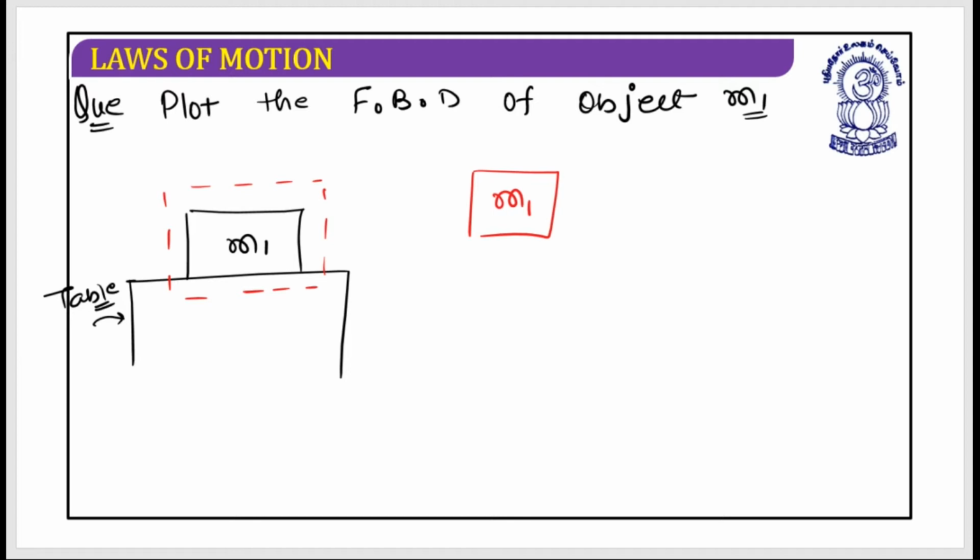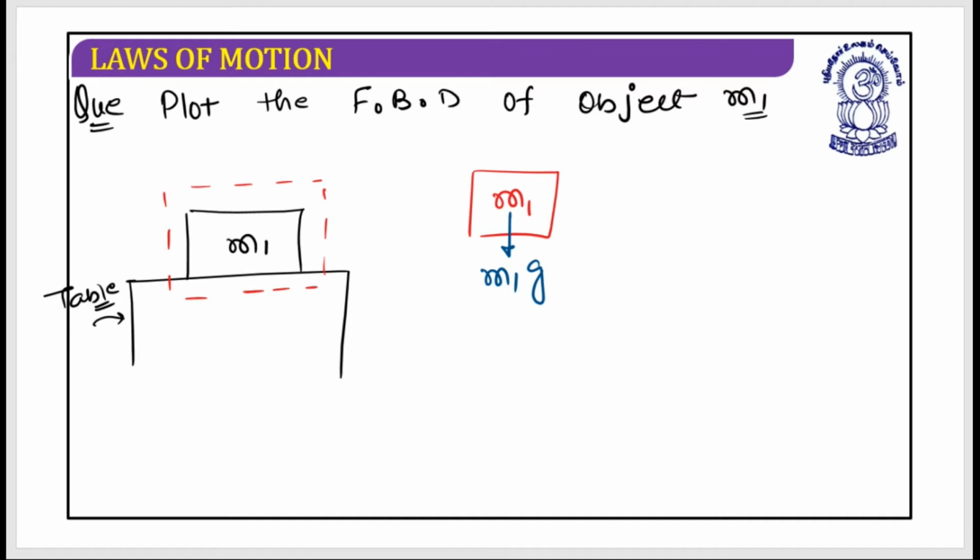Now you need to apply all the forces which are being acted on this body. So which forces are being acted on this body M1? One of the forces is M1 into G, a weight force. Who is going to apply this? It's the mass of the earth, and it's the earth that will apply this force.